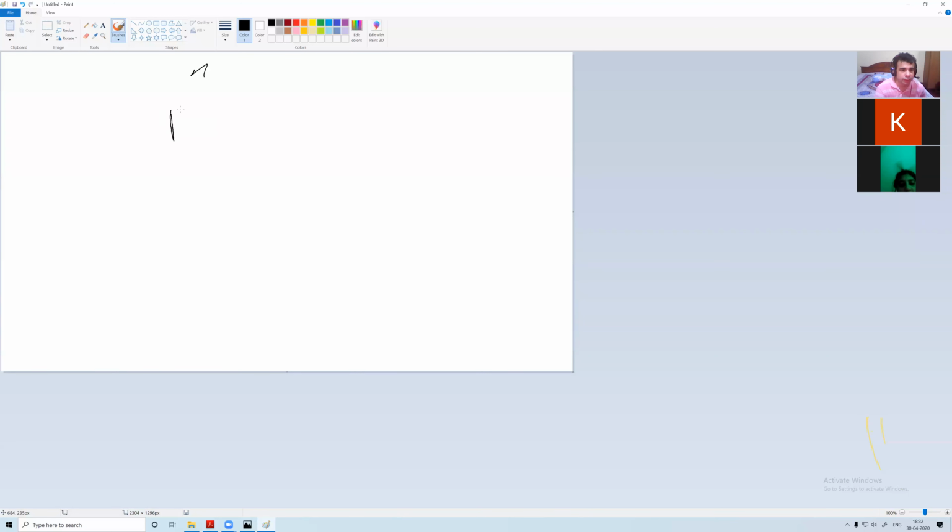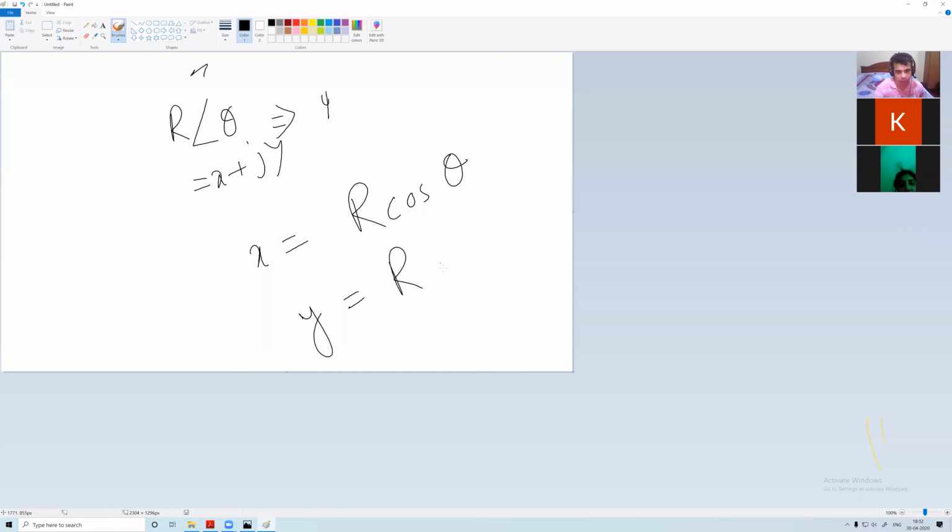So, if in terms of polar coordinate it is r theta, then the same in Cartesian coordinate would be x plus jy. So x would be r cos theta, y would be r sin theta. This we discussed, I think, in our first online class. So we simply use this formula here.